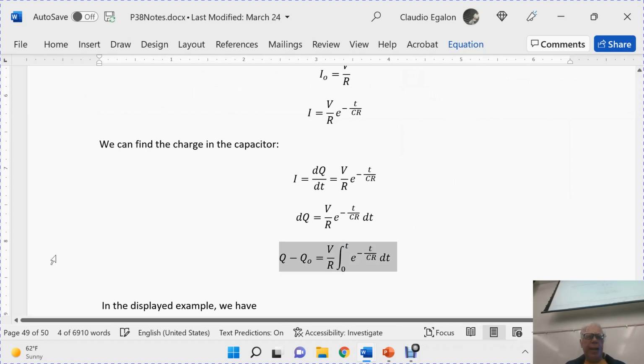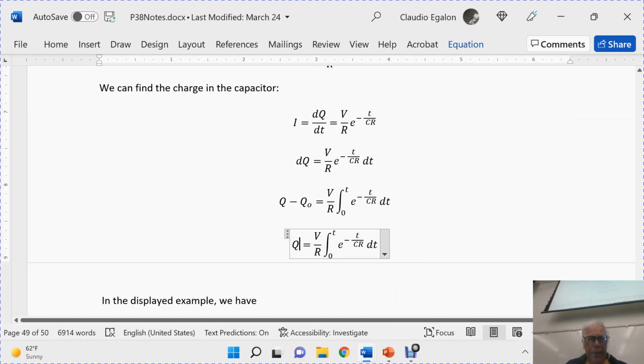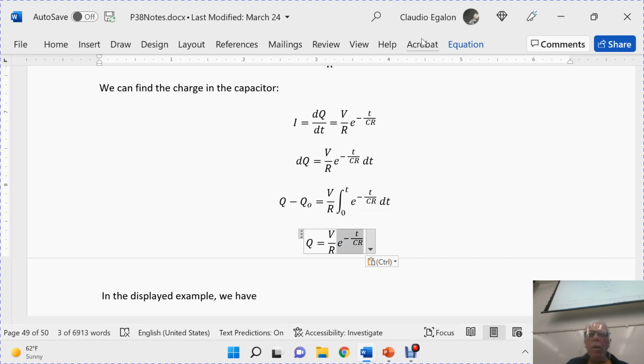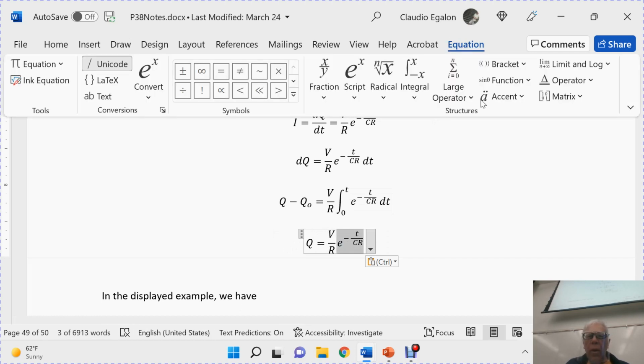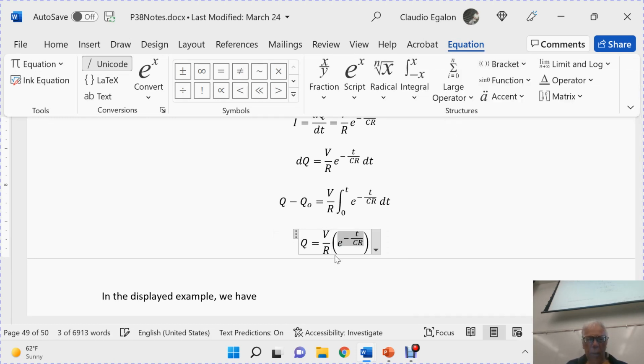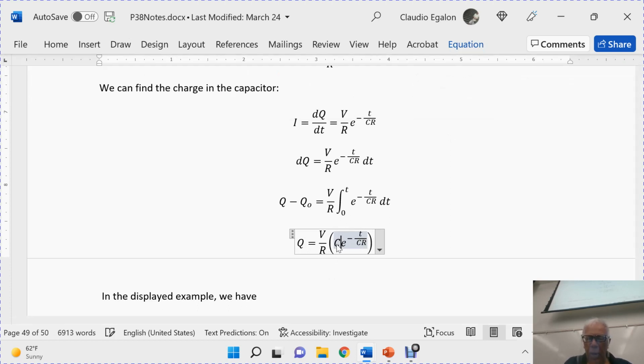The initial charge in the capacitor is 0 because the capacitor started uncharged, and this integral becomes what? We gotta put something else here. We put CR, and we still have a negative here in front.